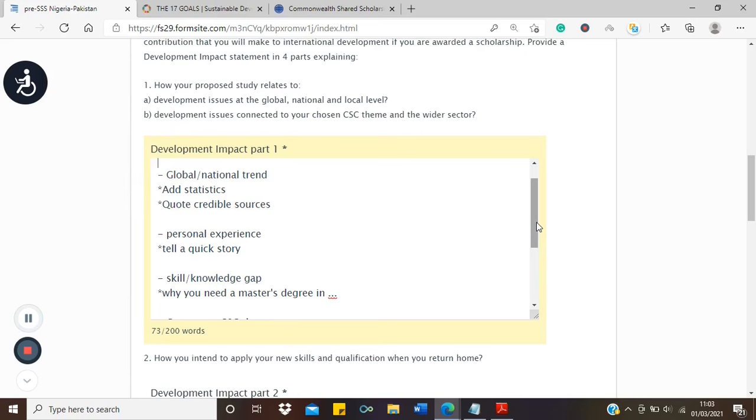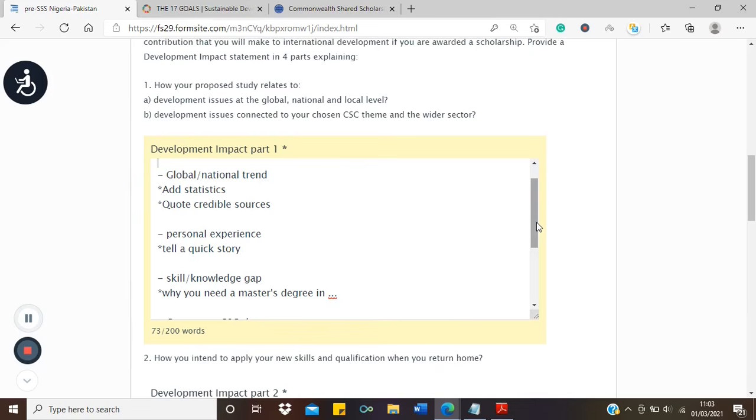So you're drawing resources from recognized data sources, showing that this matter that you want to undertake or this problem you want to solve is quite crucial, is quite urgent, and these are statistics to show that this problem needs urgent attention.